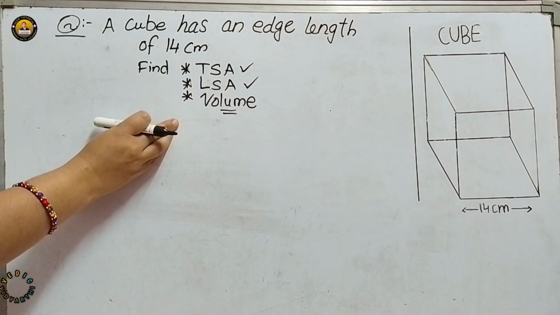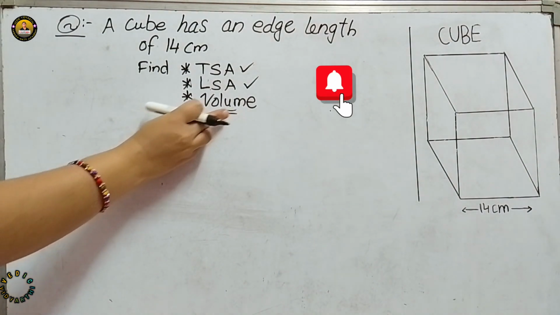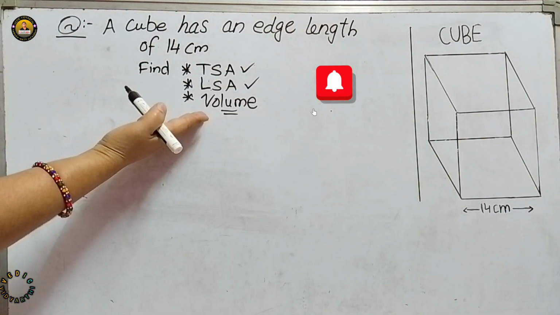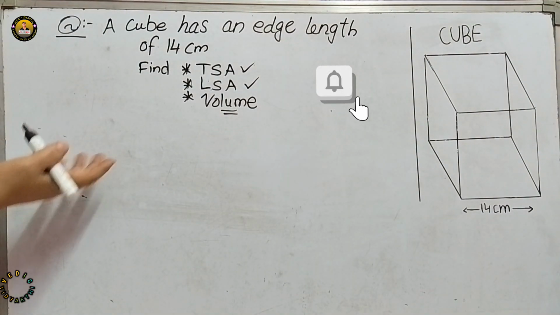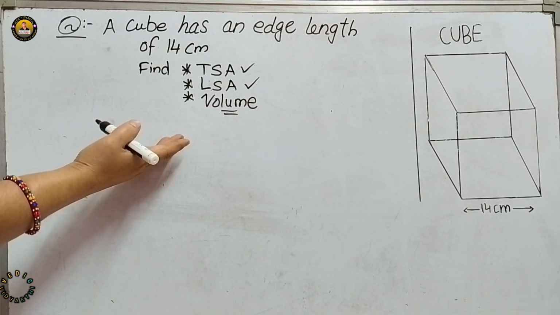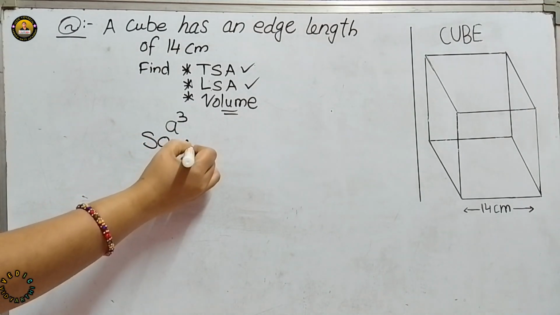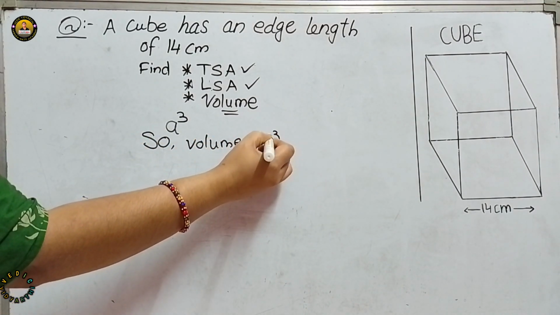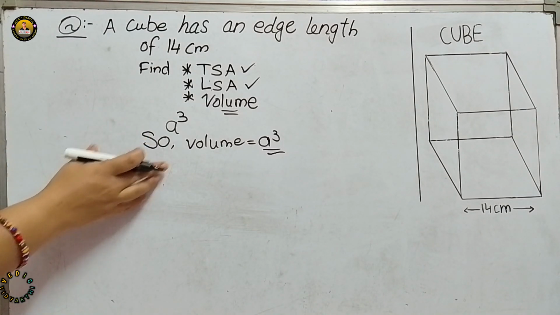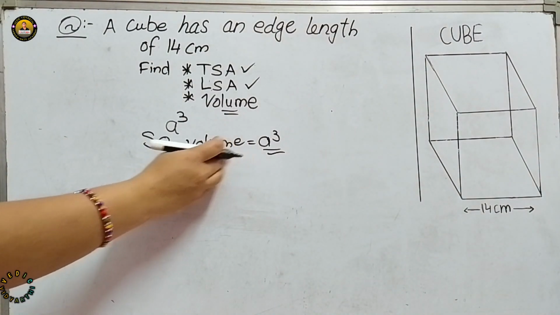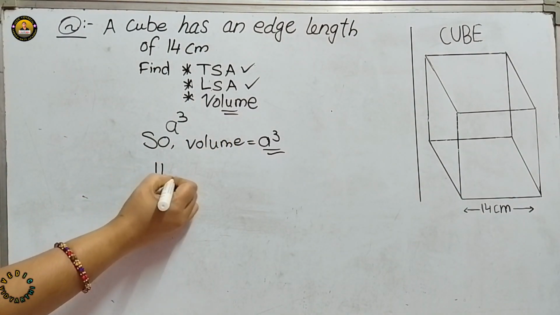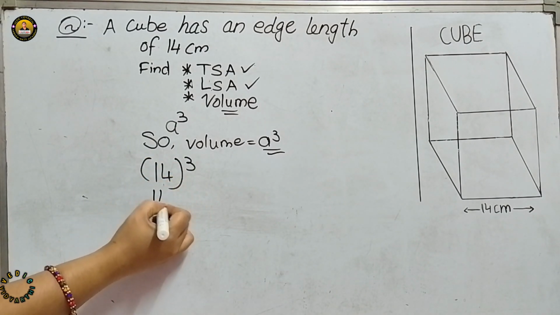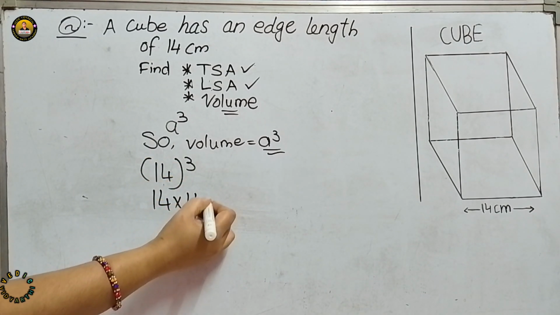Now, finally, we are going to find out the volume for the given cube. We know the formula of the volume of a cube is a cube. Volume equals a cube. Now we have to substitute the value in the formula. We will get 14 cube, that in the sense 14 into 14 into 14.